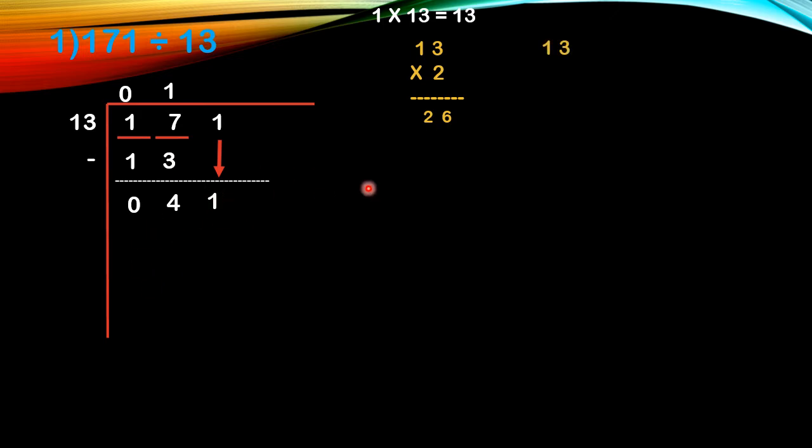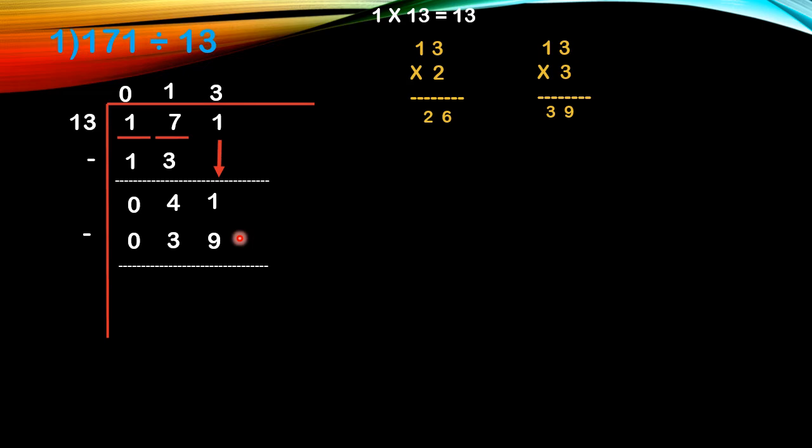So next we have to multiply 13 into 3. So 3 3s are 9, 3 1s are 3. Here we get 39. So 39 is also less than 41, but it is near to 41. So 13 3s are 39. So here we have to write 39.